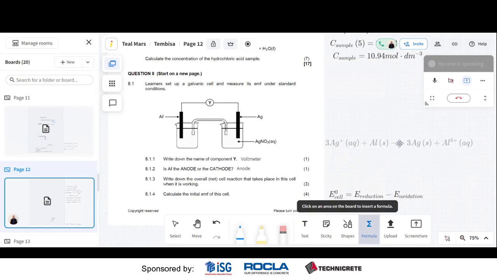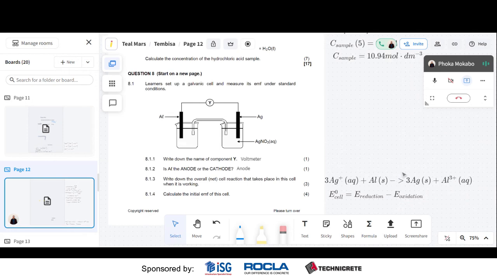Okay, that is the balanced form of the overall cell equation that takes place.